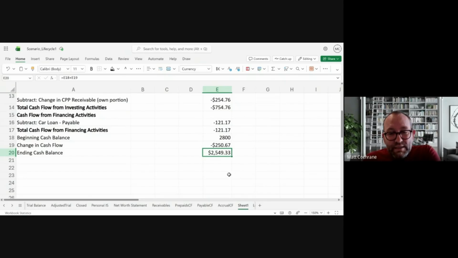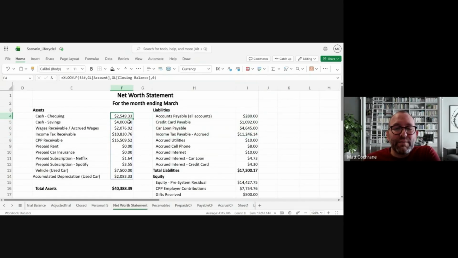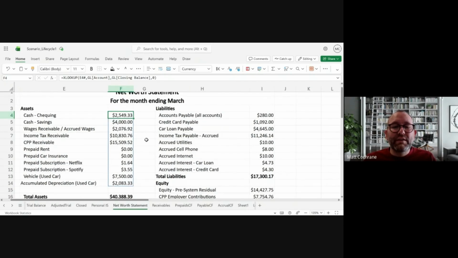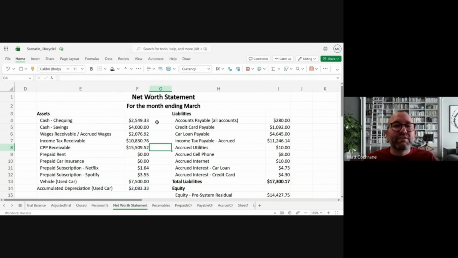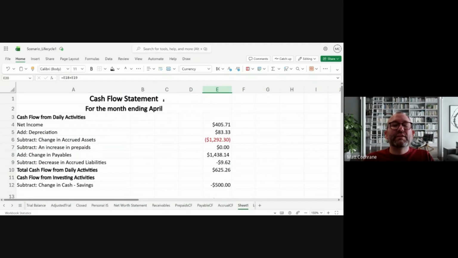And if this has been done correctly, you can go to your net worth statement and you can see that the cash balance is in fact $2,549.33. Okay. So that is the general procedure of how you go through and you create your cash flow statement.